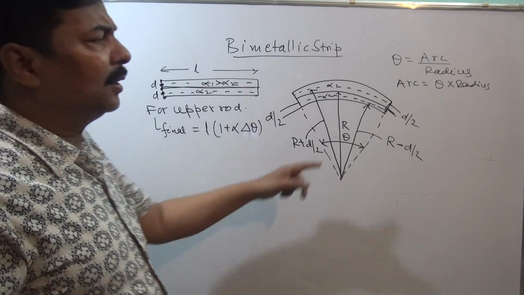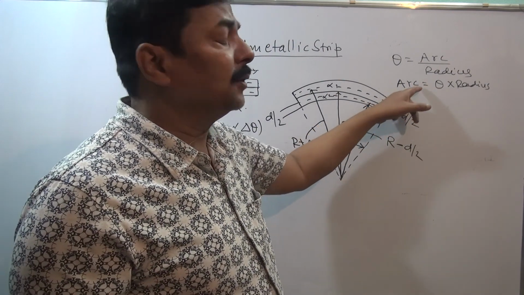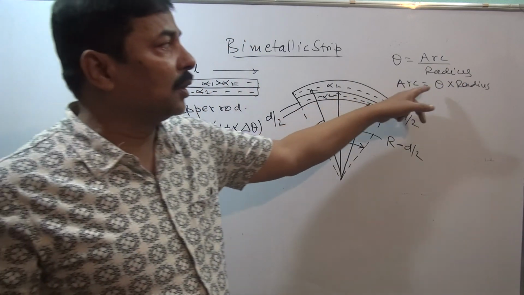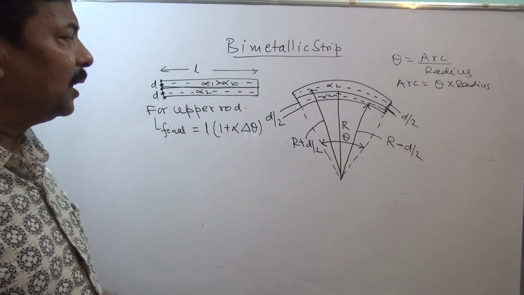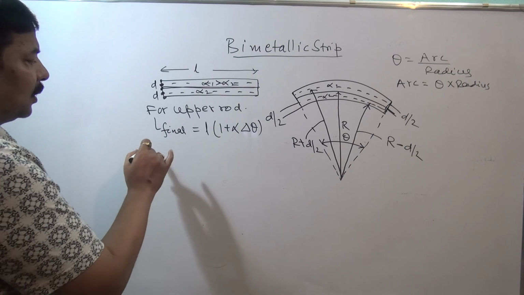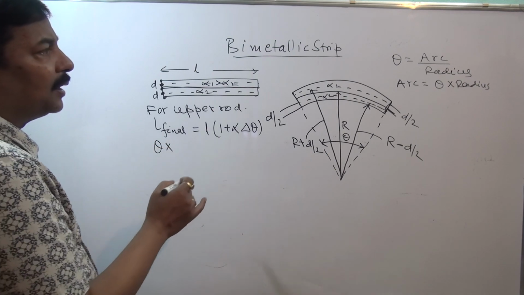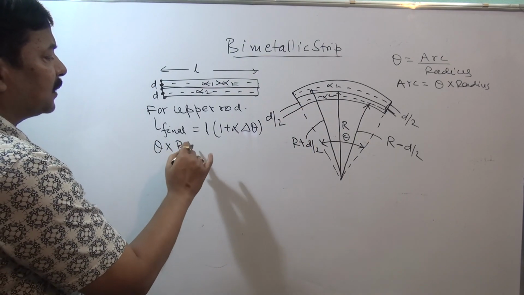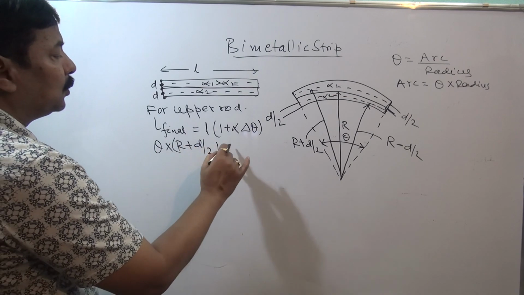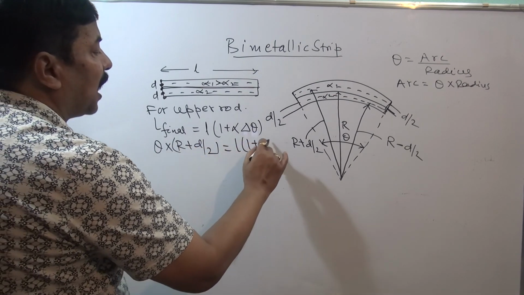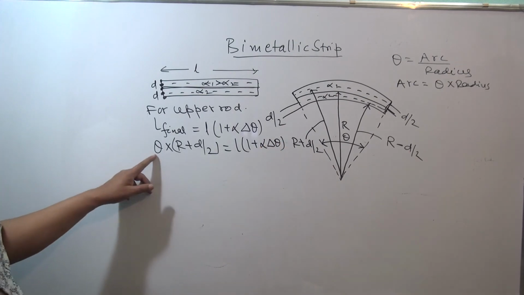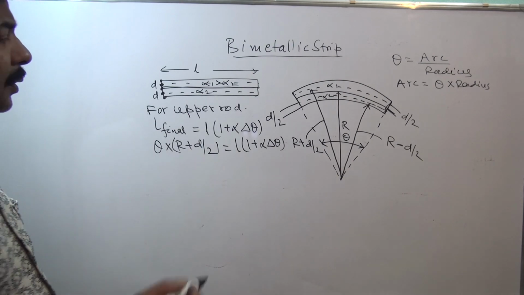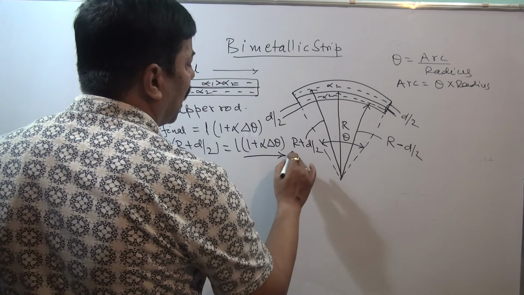Final length is arc, which is theta into radius. Here delta theta is temperature change and here theta is the angle. So theta into radius, where radius is r plus d by 2, equals L into 1 plus alpha 1 delta theta. Don't confuse: this theta is the angle, and delta theta is the change in temperature. Take this as equation number 1 for the upper rod.